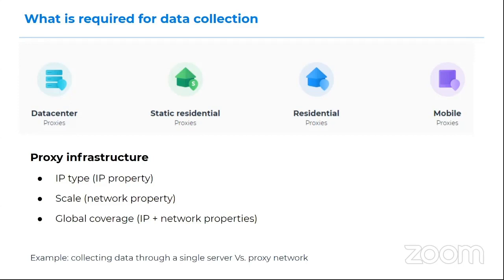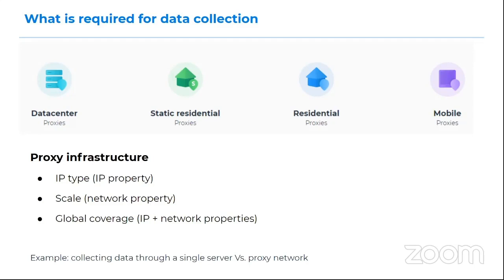So let's have a quick brief of the four types of proxy networks, or four types of IPs, that we have. The first one is data center. We have a network of about 750,000 data center IPs, in around 95 or 92 countries. The biggest and most clear advantage of the data center network is that it's very cost effective.